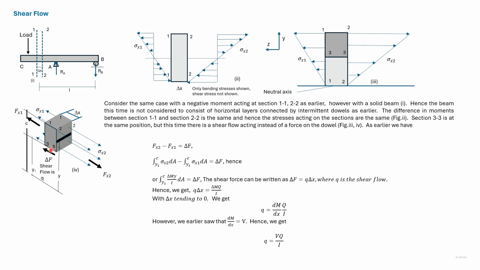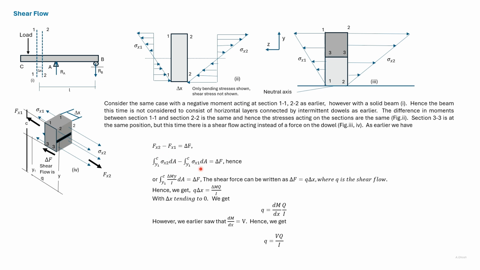Considering section 3-3 at a distance of y1 from the neutral axis and the top to be at a distance c from the neutral axis, we can write Fx2 and Fx1 by these expressions.